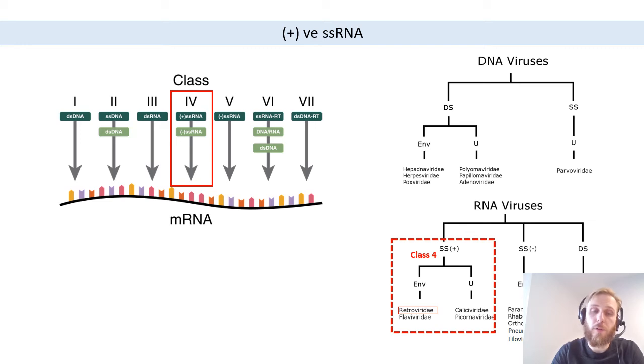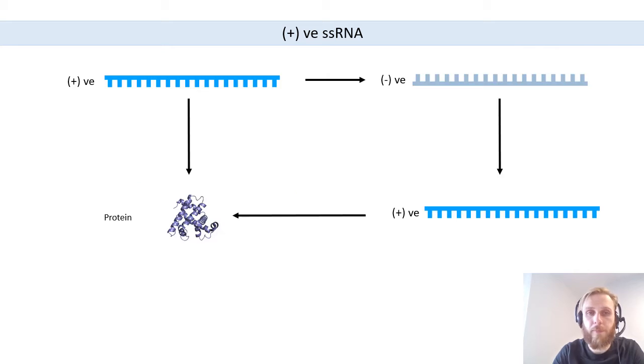And first, we'll focus on the positive sense single-stranded RNA viruses. So these are class 4. Okay, so here we have a version of essentially genome expression for the positive sense single-stranded RNA viruses. This is a simplified version, but if you refer back to last lecture, it should make sense.